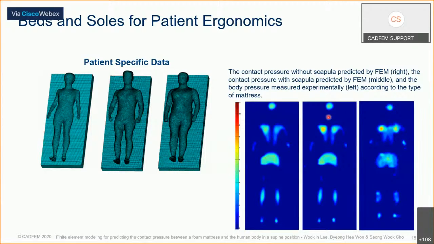But here, with the scapula also, the whole body part, how the contact is, the color variation that you see is the pressure variation, where the maximum pressure is red, and green is almost neutral pressure. So you see how much force is coming onto the body. And this result is the experimental data, so you can see how well it matches the experimental data.